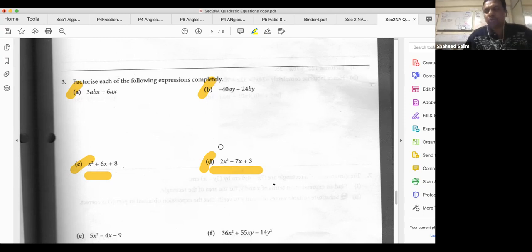I repeat, A and B, you don't need to use completing the square. Just take out the similar item.